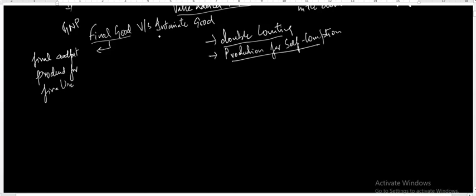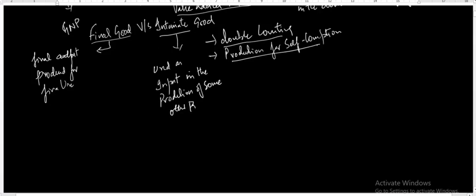Now the next one is the intermediate good. These are used as input in the production of some other product. Say for example, let me take an example over here.